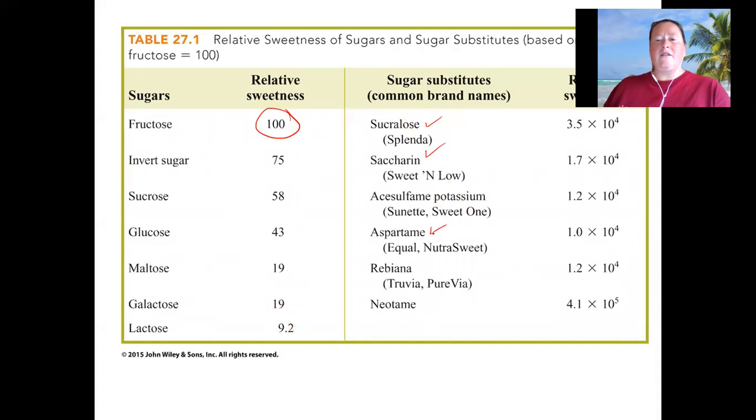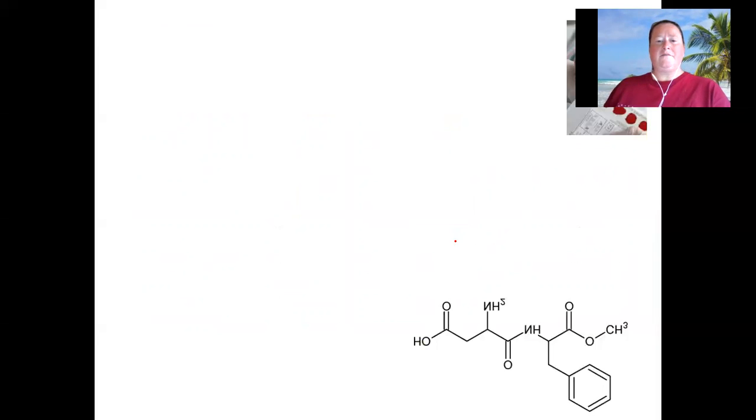Those are the three that we're going to talk about, thousands of times sweeter for the same amount. So extremely sweet, tiny quantities are needed to get that sweet effect.